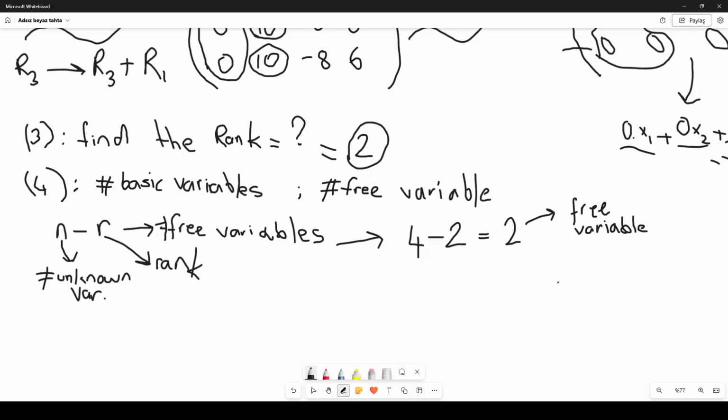And then how many basic variables do we have? We have 4 unknown variables and 2 of them are free variables, and therefore the remaining 2 variables are the basic variables.